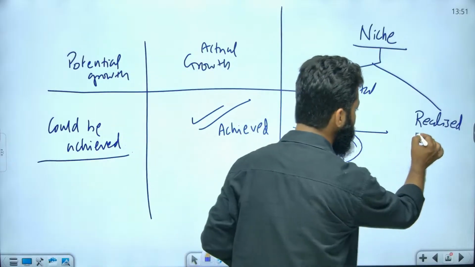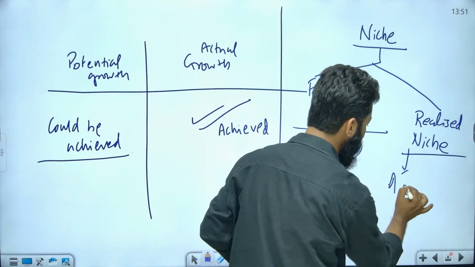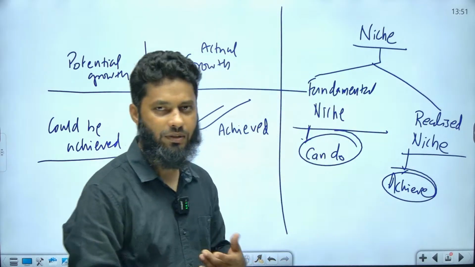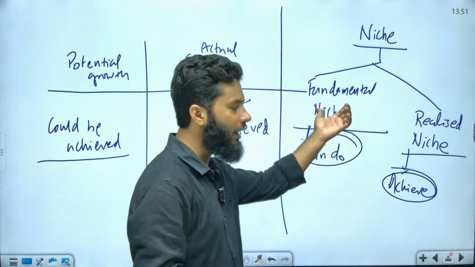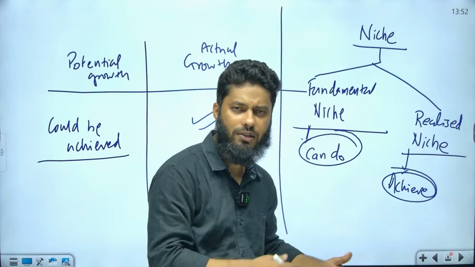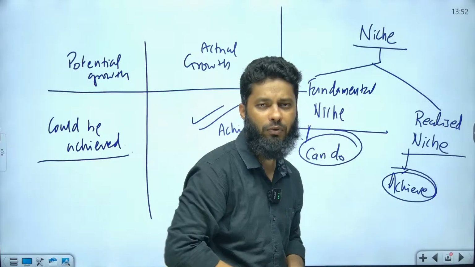But what this species will actually do, that is realized niche. So what it achieves is part of realized niche. I hope you can understand fundamental niche will always be greater than realized niche, and seldom will fundamental niche be equal to realized niche.